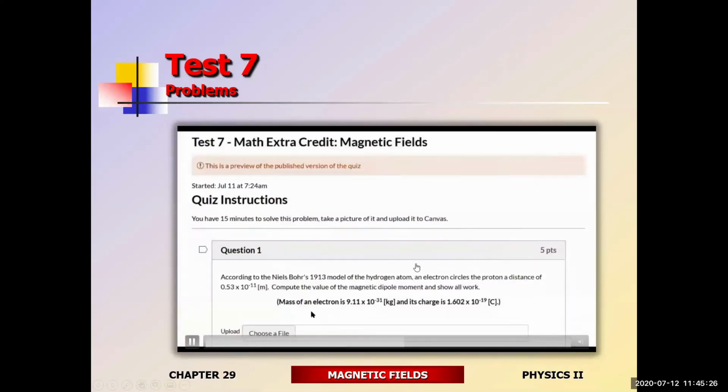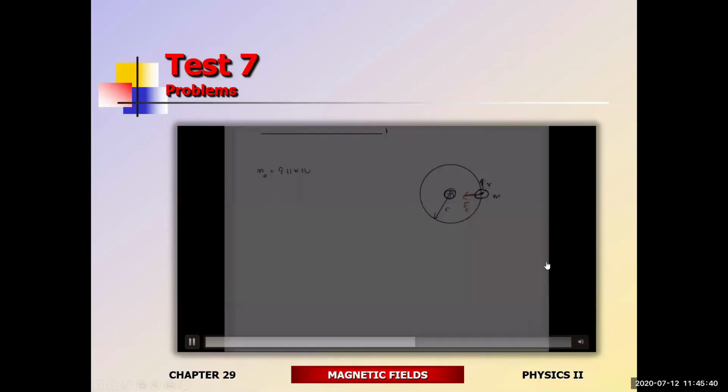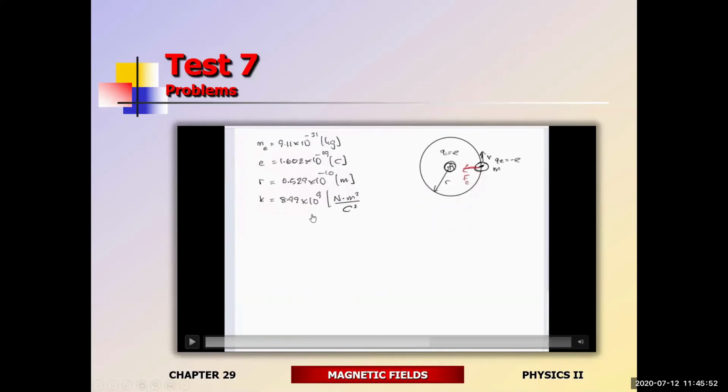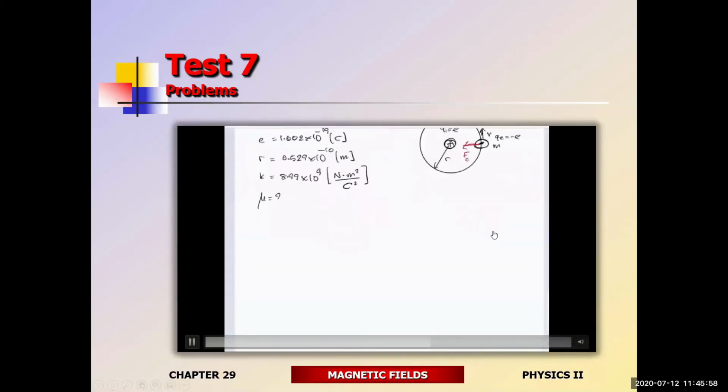Extra credit problem. Compute the value of the magnetic dipole moment for the hydrogen atom. Mass is given, the charge is given. All right, so let's list everything first. This is the Bohr hydrogen atom: the electrostatic constant, the mass of the electron, the charge of the electron, and the size of the hydrogen atom.